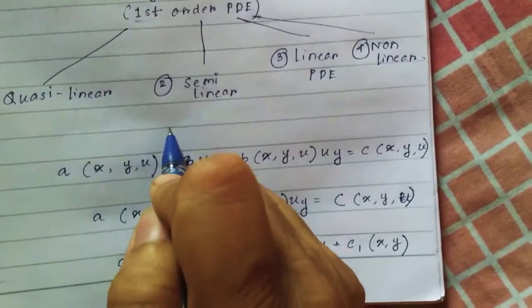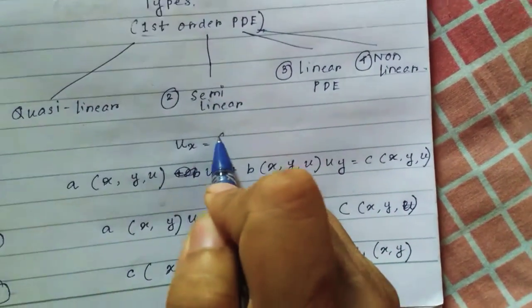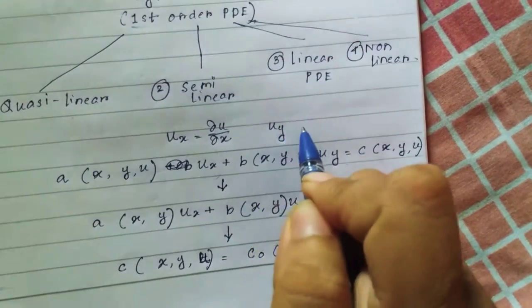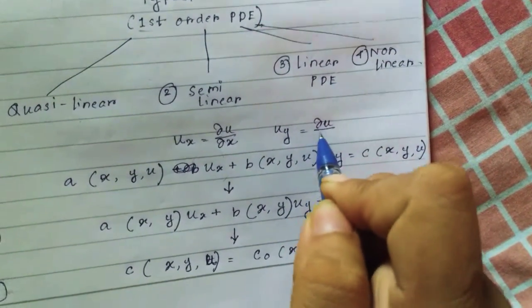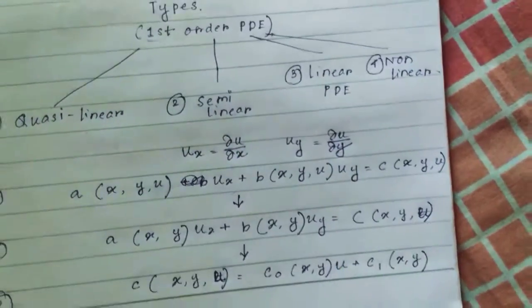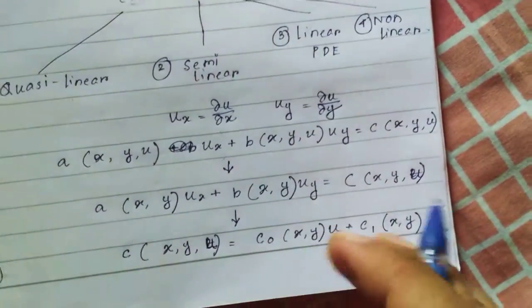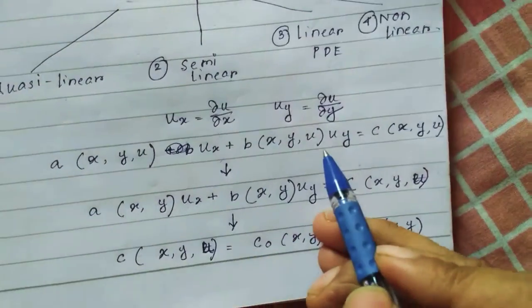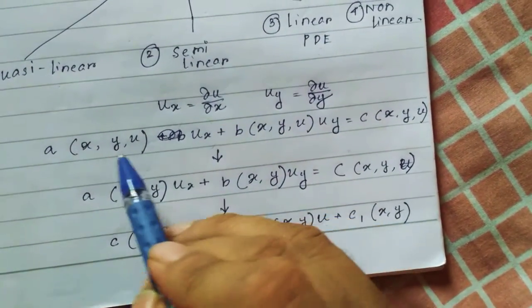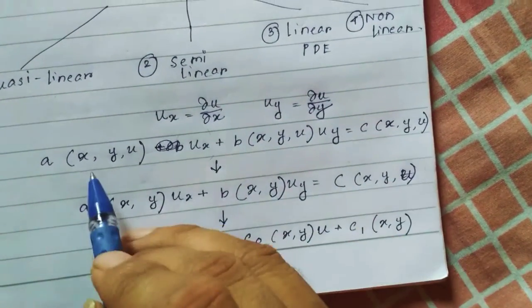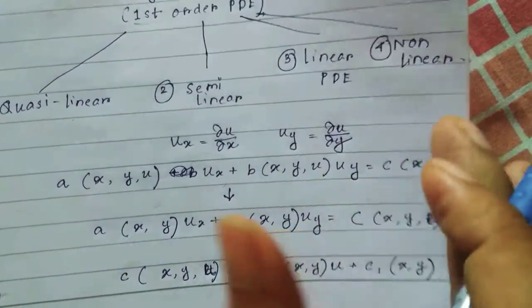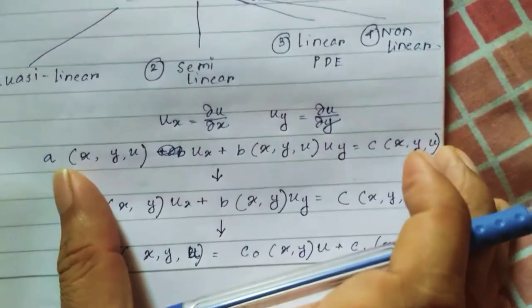If you have difficulty in understanding, by ux we mean del u del x, and uy means del u del y. Here a, b, and c are all functions of x, y, and u. This differential equation is called a quasi-linear PDE.